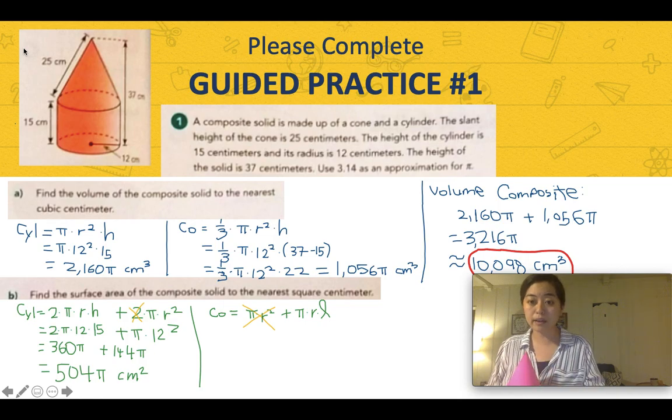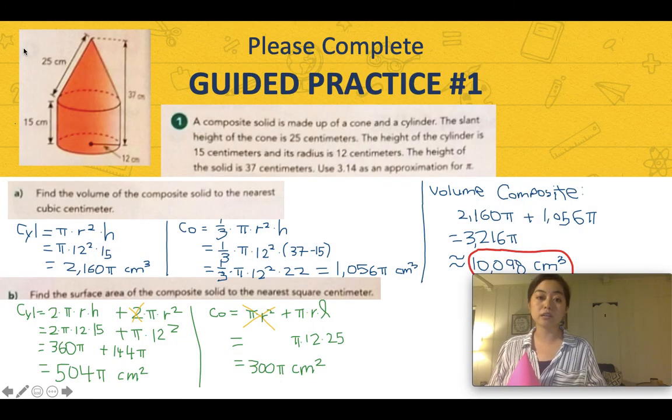So that's why I put an x. And then I input the numbers for the r and the l, and then that becomes 300 pi square centimeters.